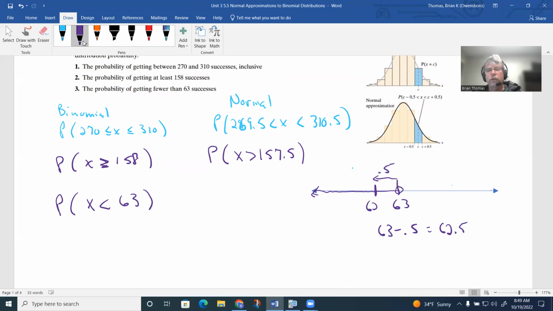So we're going to be using 62.5 in my normal. So it's actually going to be here to there. So my normal is going to be the probability of x is less than 62.5, since we're not including the 63 in our answer, in our probability.